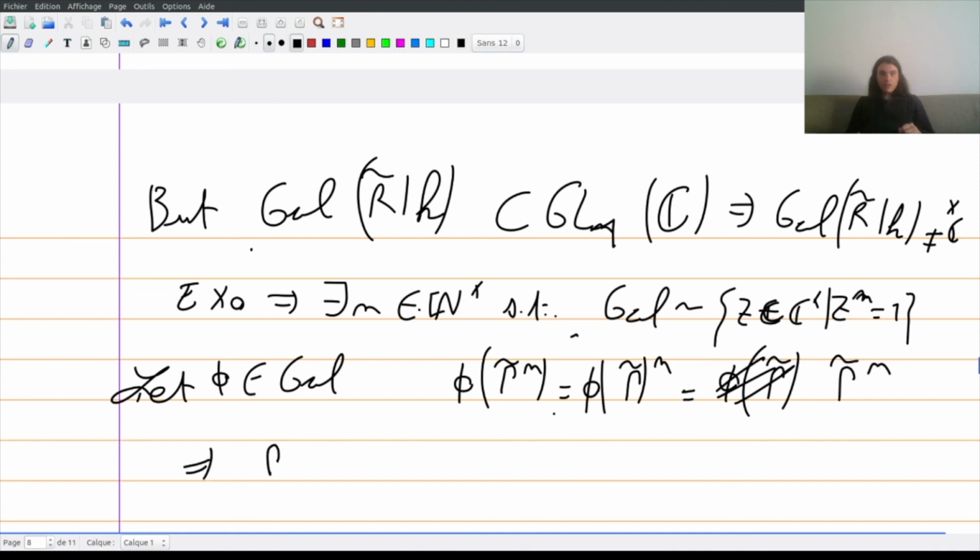So it implies that it is fixed by the Galois group.